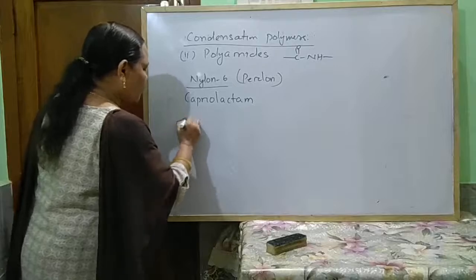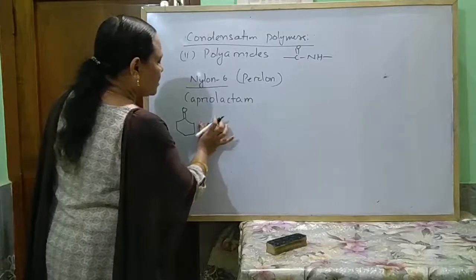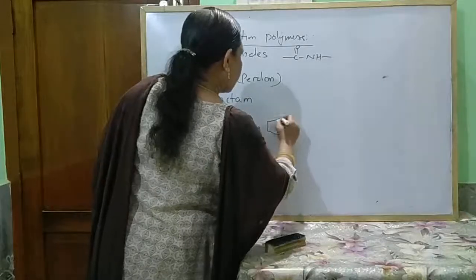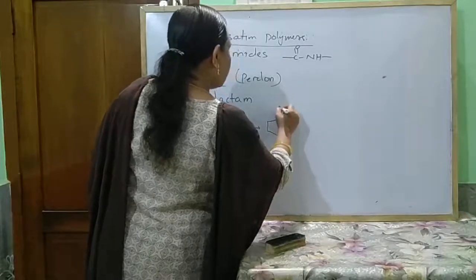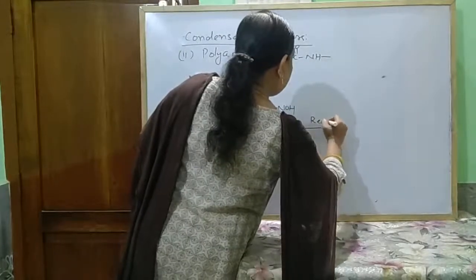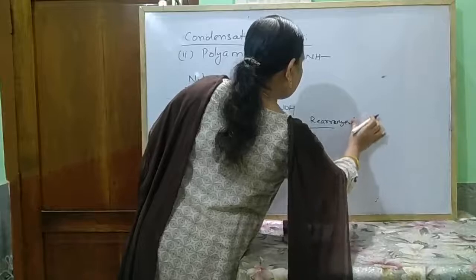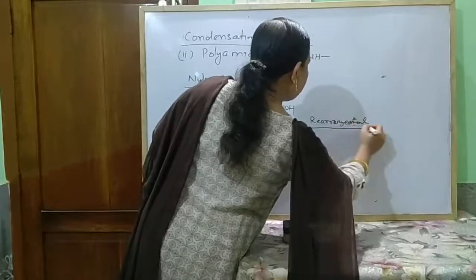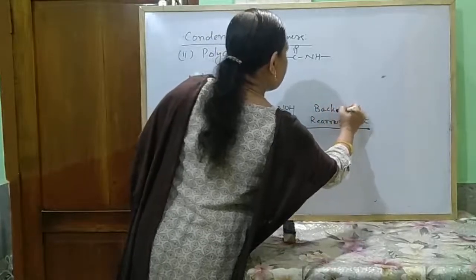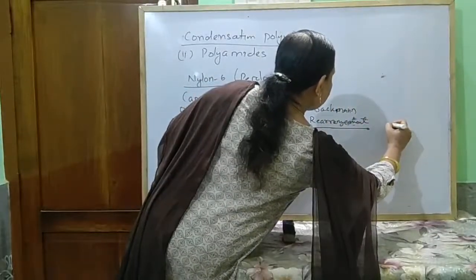So suppose we are taking the cyclohexanone and when it is treated with hydroxylamine, this forms cyclohexanone oxime. It undergoes rearrangement, the Beckmann rearrangement, to form caprolactam.